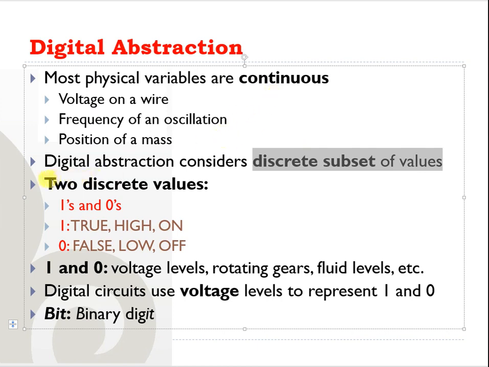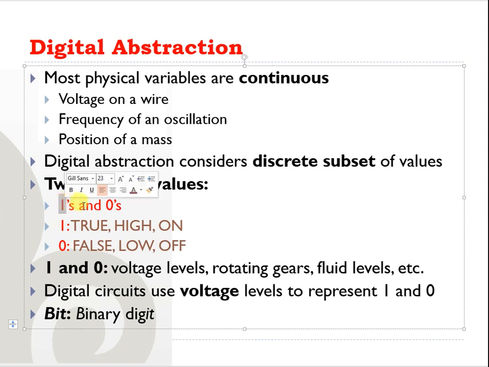Two discrete values that will be considered are ones and zeros, where 1 usually stands for true, high, and on, and 0 stands for false, low, and off. So 1, true, high, and on are equivalent to each other, and 0, false, low, and off are equivalent to each other usually.